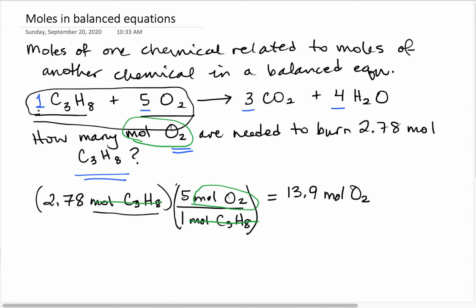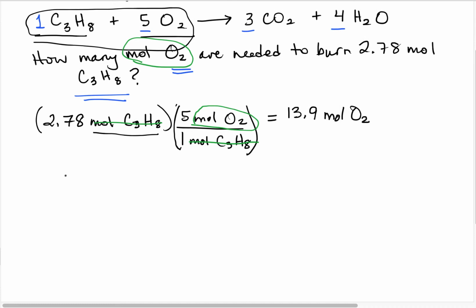But we aren't limited to only looking at one side of a balanced chemical equation. We can relate reactants to products through the same kind of relationship. So we can ask as a follow-up question, how many moles of CO2 or H2O are made?